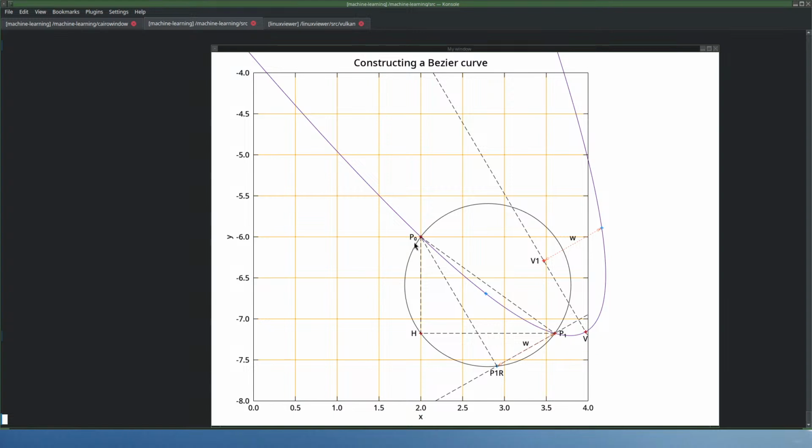So in principle, P0 and P1 are data points that I just start with. So I should keep them fixed. And then a variation that I can do is, well, I could just draw this circle, obviously, and then run with P1R over this circle, which then gives me W and S, both.